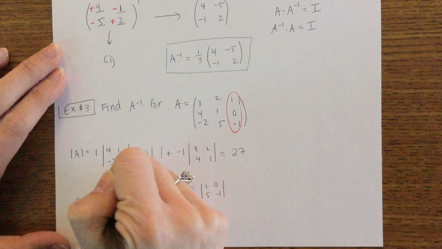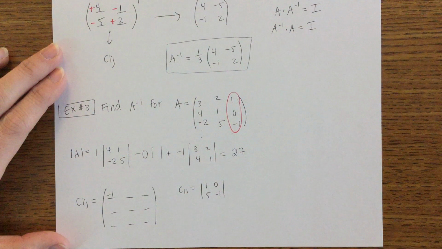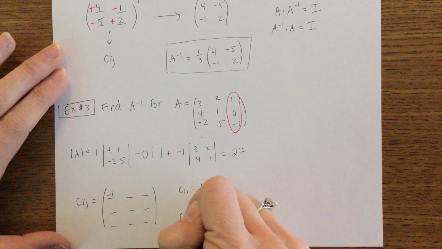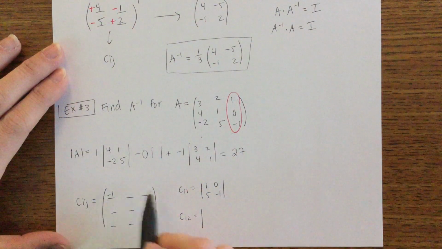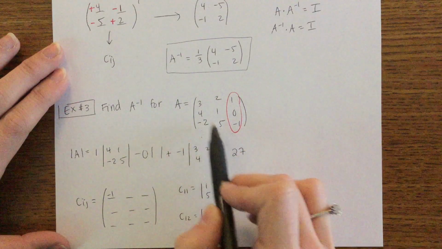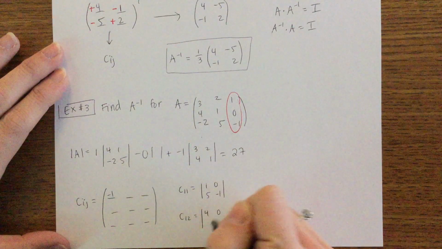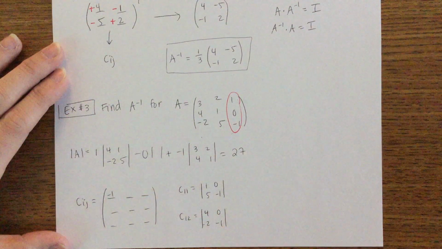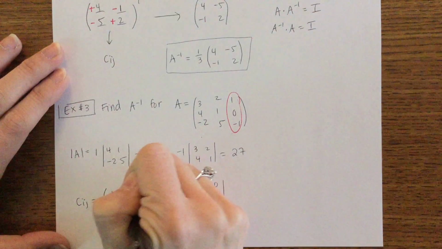So -1 minus 0 would give me -1. If I wanted C of 1, 2, so first row, second column, ignore that row, that column, determinant of what's left. So in this case, -4.